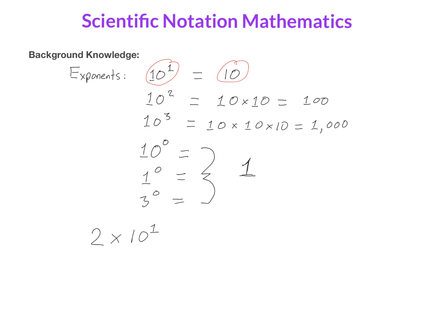I've shown up here that 10 to the 1 is the same thing as 10, so I can rewrite this as 2 times 10, right? Well, what is 2 times 10? 20. Okay. So we don't want to let the exponents scare us. We just want to remember what they mean. Okay? So let's go to the next slide and talk about what scientific notation is and why we use it.